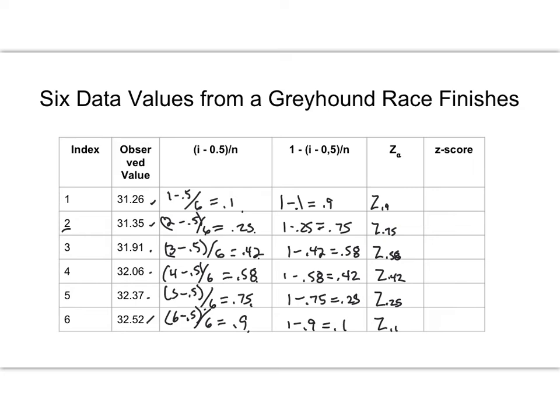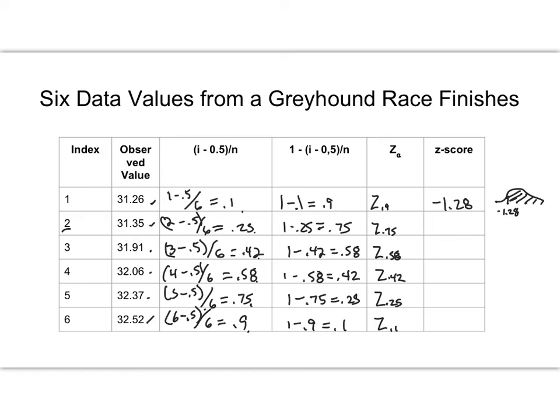So the top 90th percentile, or the bottom 10th percentile, the score for that is negative 1.28. Right? I've got 90% of the area to the right. It would look like that. So it makes sense that that's going to be a negative number, 1.28.